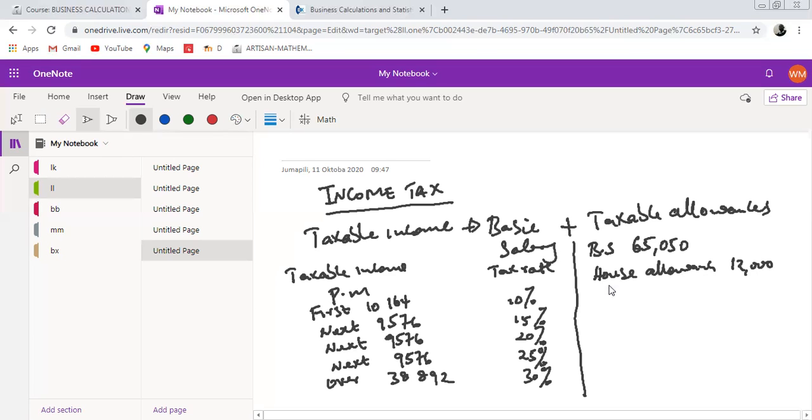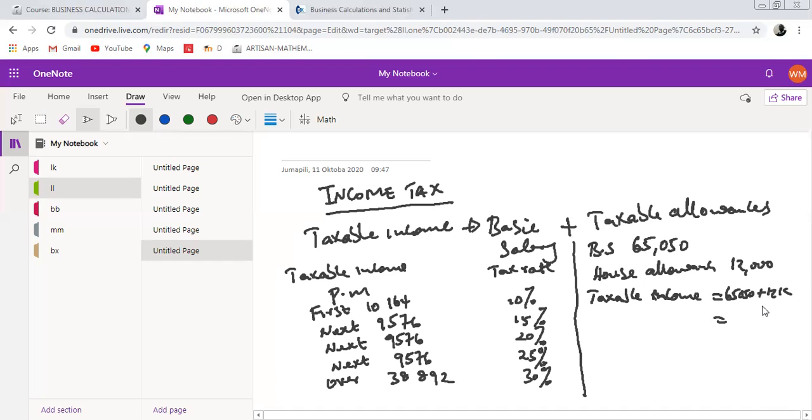So if this is the case, then we can get the taxable income, which will be 65,050 plus 12,000.